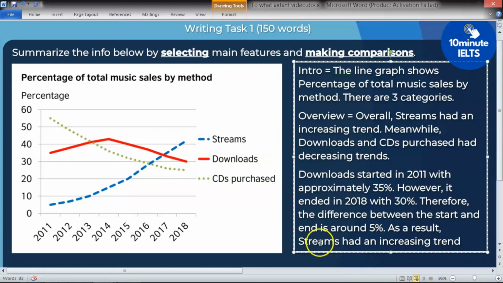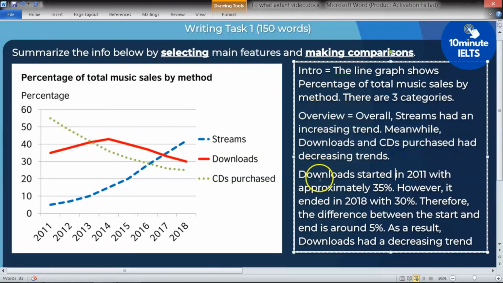As a result, downloads had this time a decreasing trend, because the beginning value was higher than the ending value. We do not care about any of the other figures in between the start and end because they are not considered main features that are relevant to our overview. I hope that's clear enough.